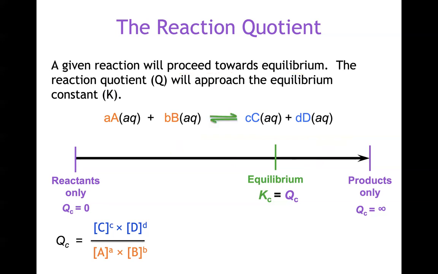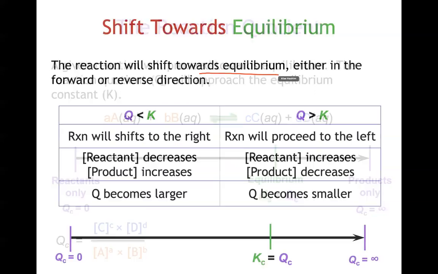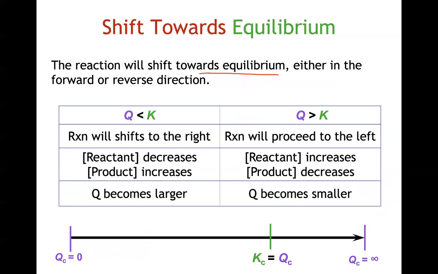So it's going to shift so that it can proceed towards equilibrium. It's going to shift to the right, in the forward direction, when Q is smaller than K. When Q is smaller than K, it wants to reach equilibrium, so it's going to shift to the right, the forward direction.